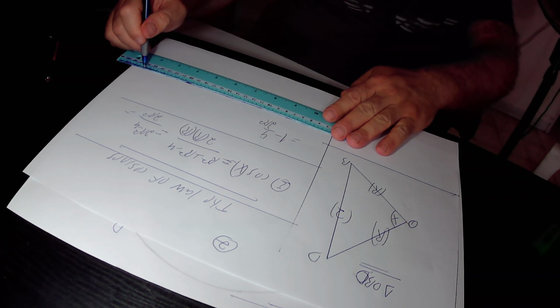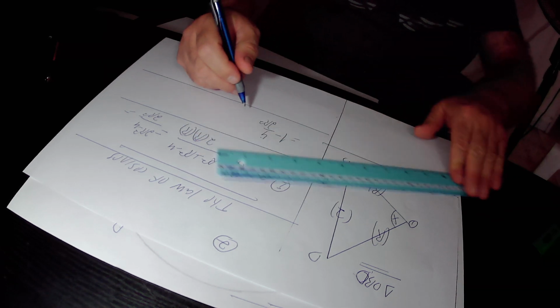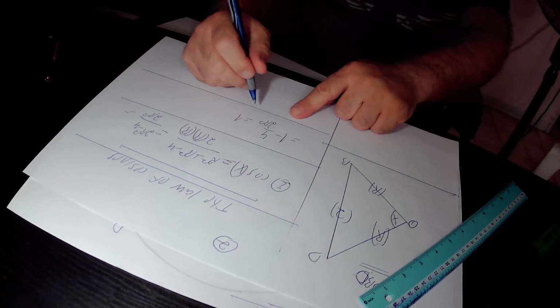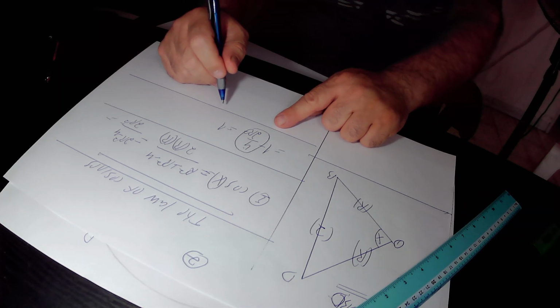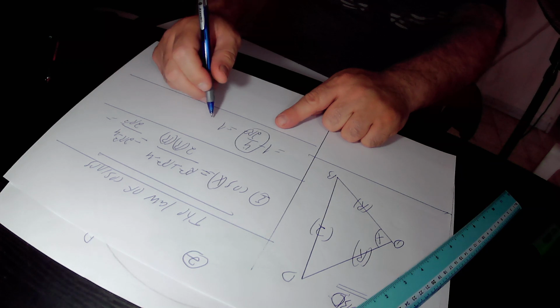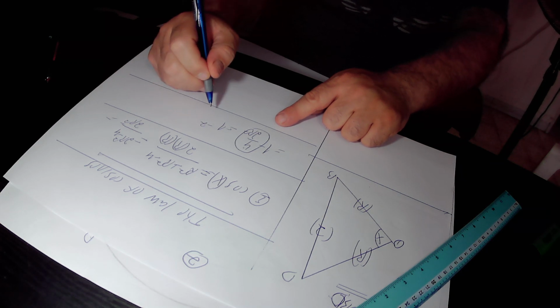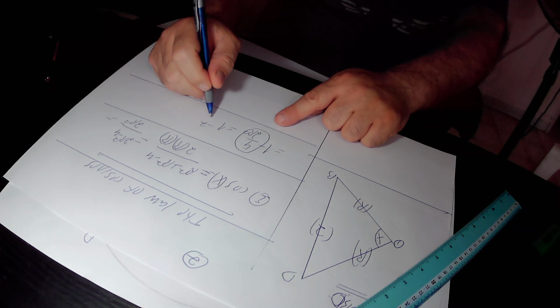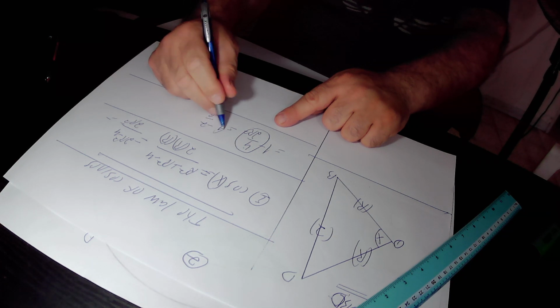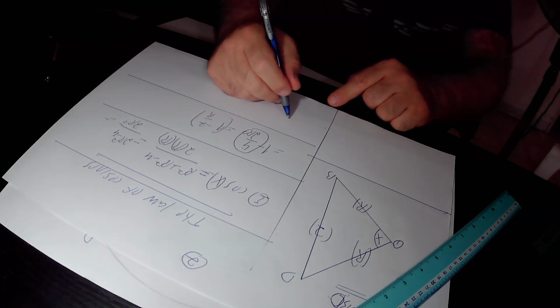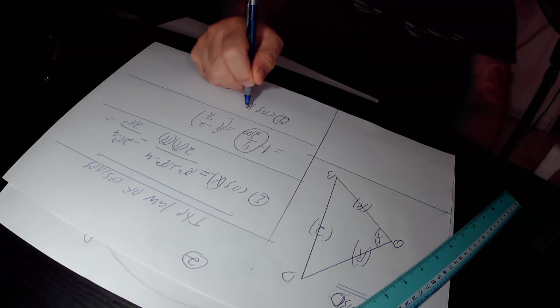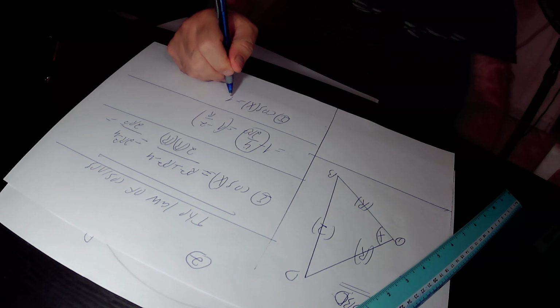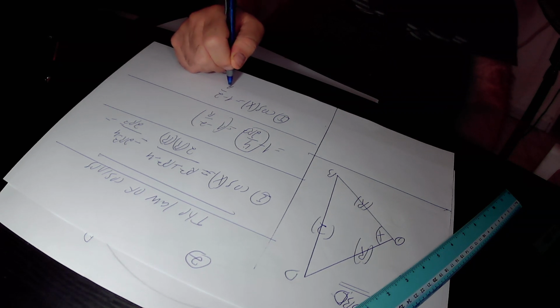So cosine x according to equation 1 equals 1 minus 4 over 2R square, and here we'll divide both the numerator and the denominator of this expression by 2. Minus 4 over 2 is minus 2, and 2R square over 2 is R square. So in conclusion, according to equation 1, cosine x equals 1 minus 2 over R square.